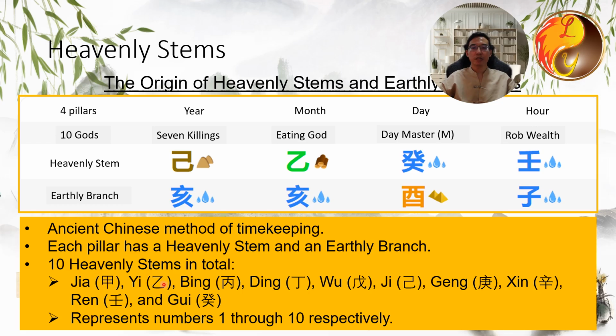Jia, Yi, Bing, Ding, Wu, Ji, Geng, Xin, Ren, Gui, representing the numbers 1 through 10 respectively. Each heavenly stem and earthly branch also carries its own meanings and significance.